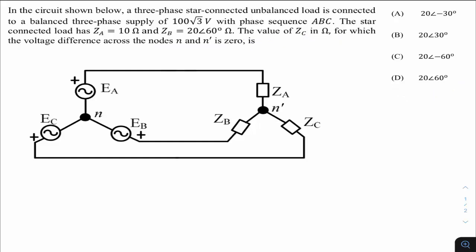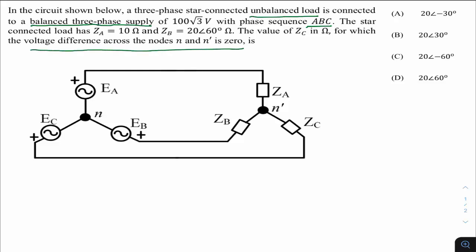Here, some important keywords to be noticed are that the load is unbalanced and the source is balanced. It's a balanced three-phase supply. The sequence is ABC or positive sequence, and it is said the voltage difference across node N and N dash is 0.